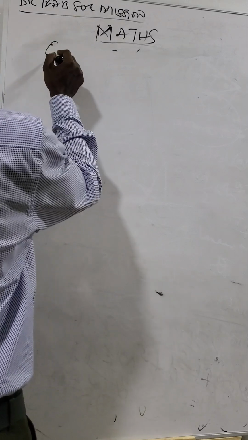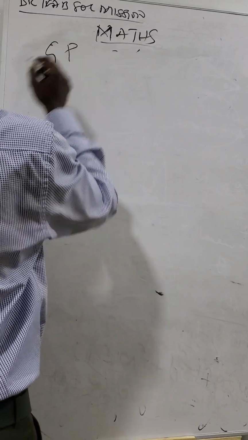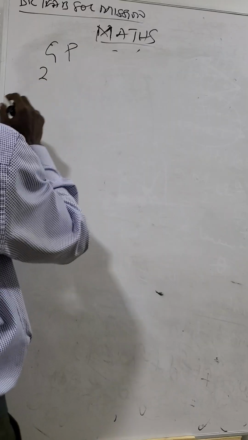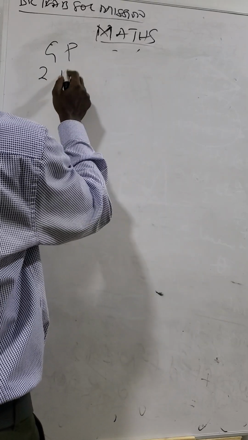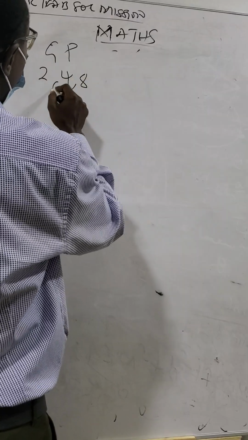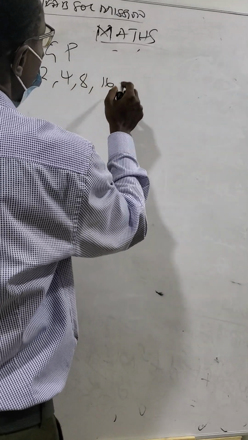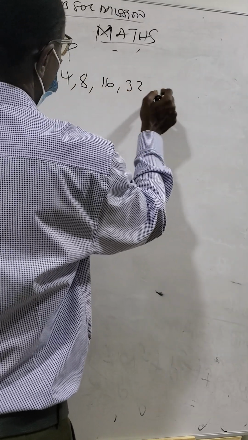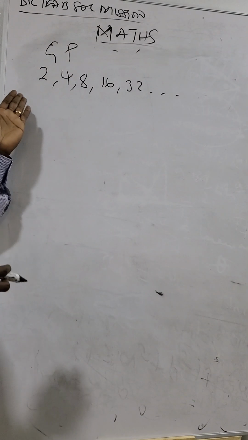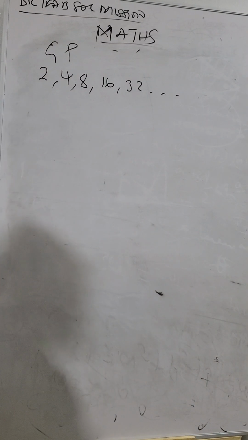Now let's look at the geometric progression. I have this number 2. I multiply by 2, I get 4, 4 by 2 I get 8, 8 by 2 that's 16, 32, and so on and so forth. If you look at these numbers, there's a pattern you can recognize.